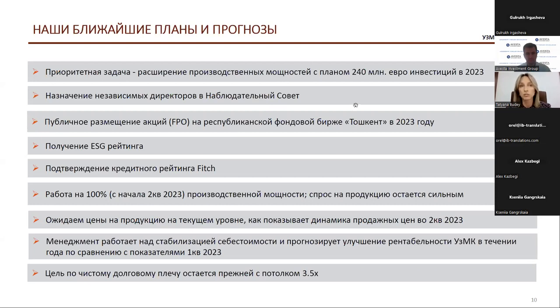And also, certainly our liquidity position remains strong, with the net debt leverage cap remaining intact at within 3.5 times EBITDA.